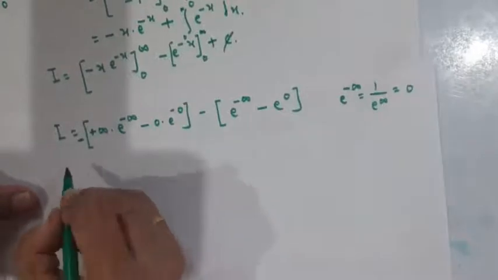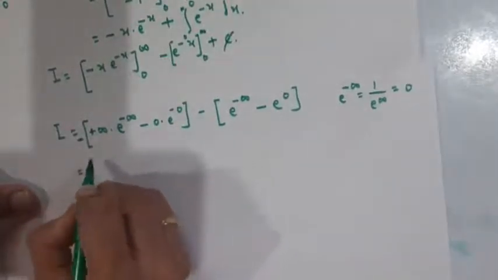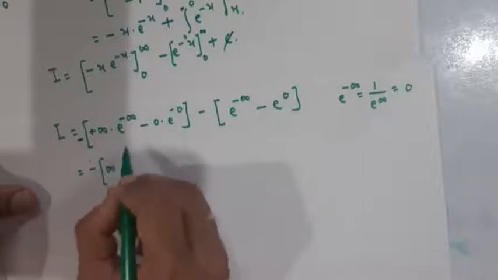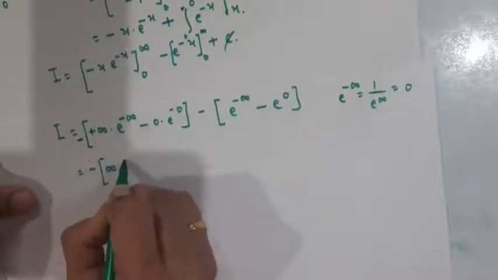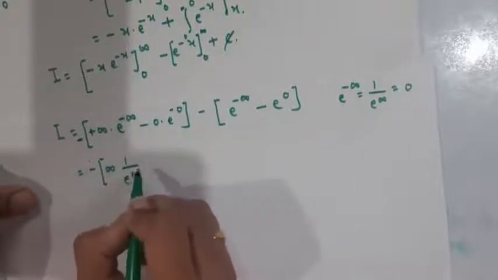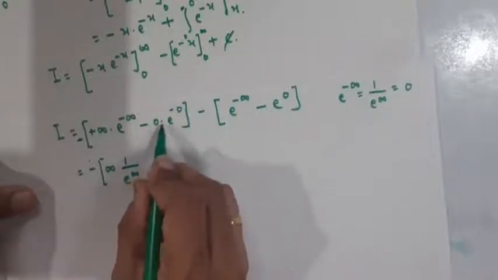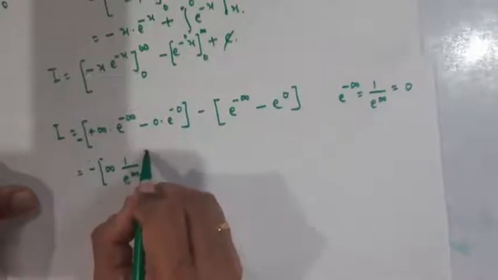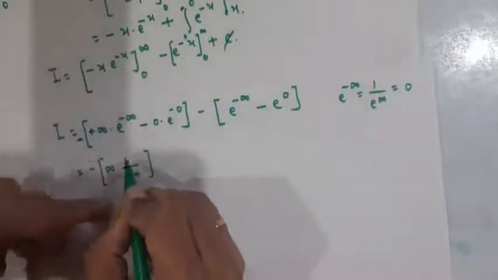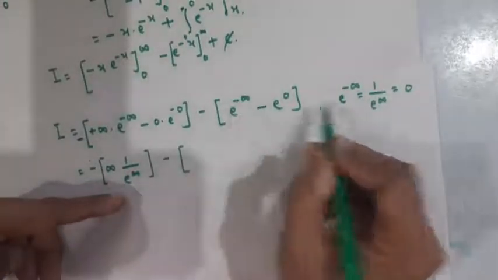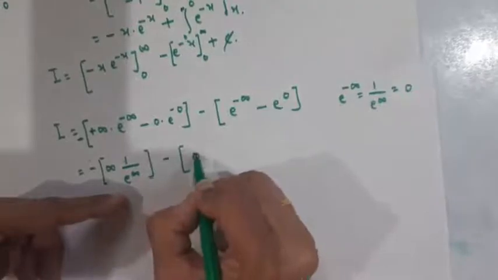So here minus sign as it is, infinity e raised to minus infinity means 1 upon e raised to infinity. 1 upon e raised to infinity is 0. Again 0 into anything is 0. The 1 upon e raised to infinity, according to this, is also 0. Again this e raised to minus infinity, according to this, is 0.